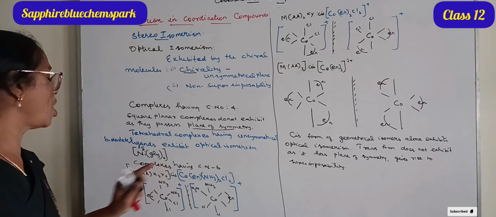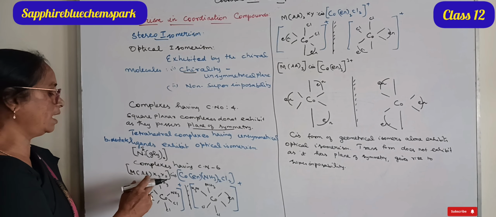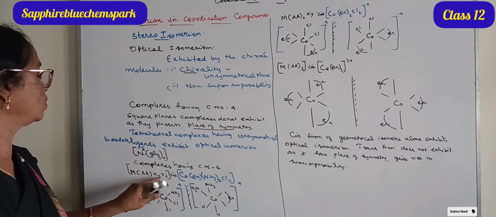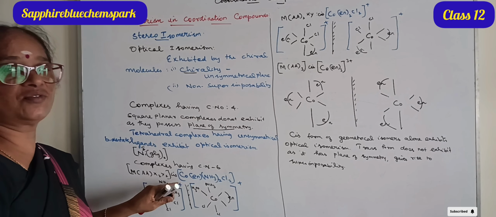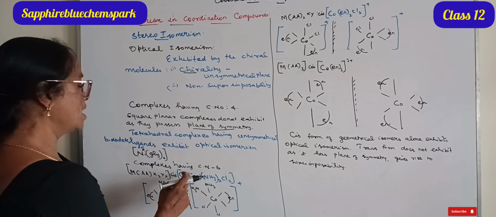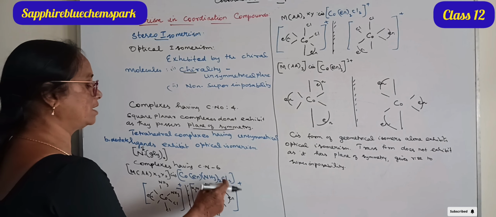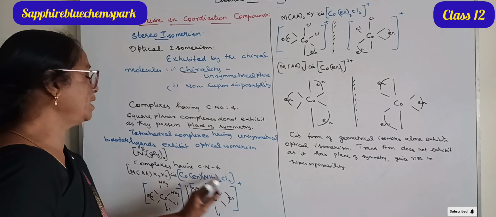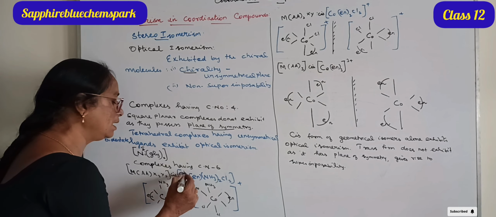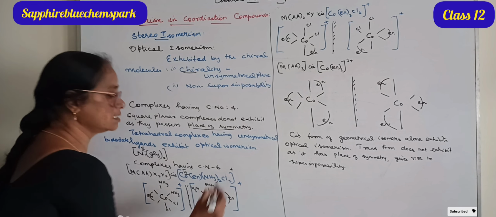So, let us take the complex of the type MAAX2Y2 type. One of the ligands is bidentate, and the other ligands are unidentate ligands. So, we have the complex of the type Co(en)(NH3)2Cl2, diamine dichlorido ethane 1,2 diamine cobalt 3 whose charge is +1.